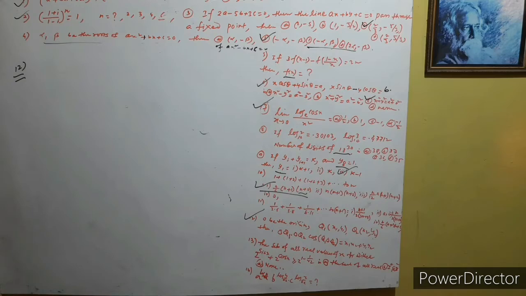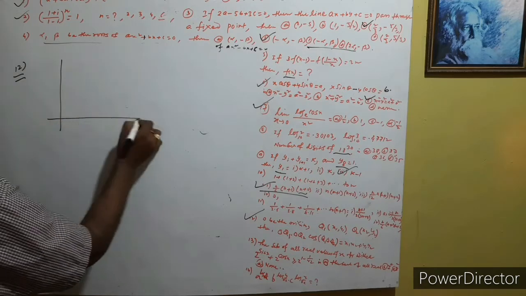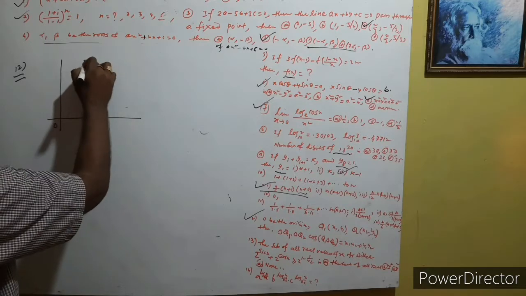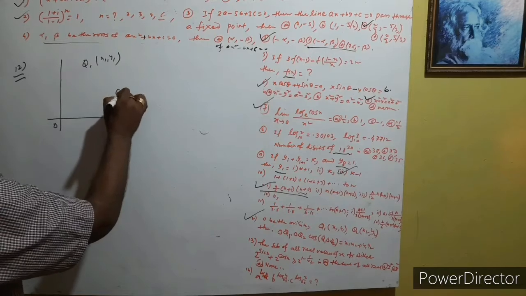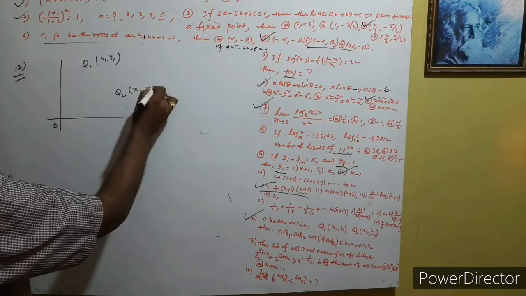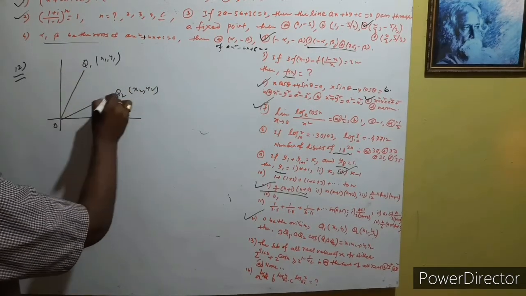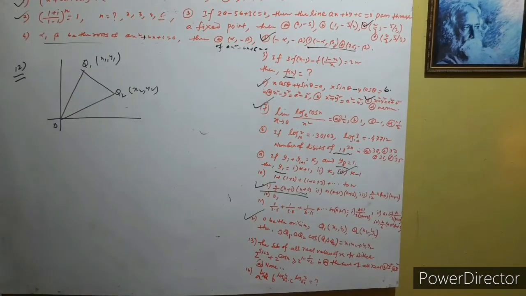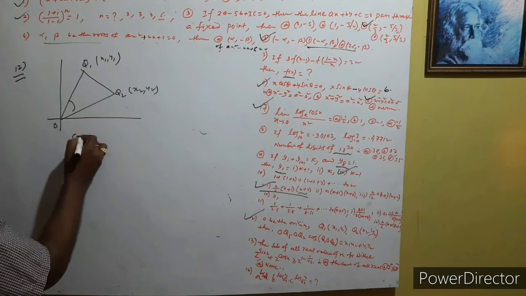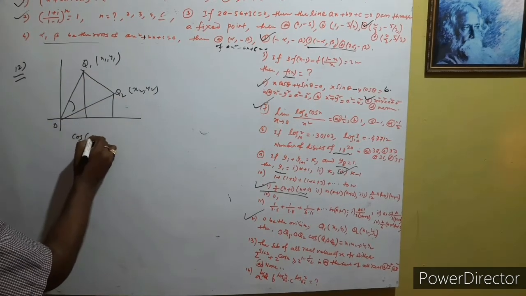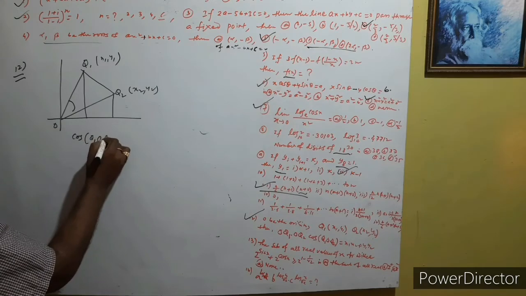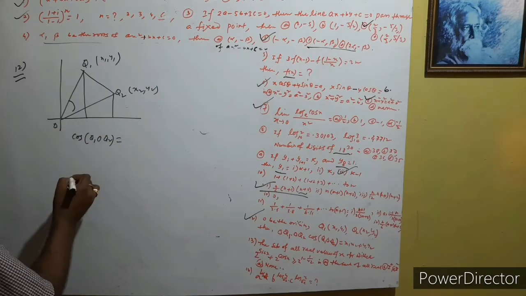Question number 12. Let O be the origin, and Q1 is x1 comma y1 and Q2 is x2 comma y2. Now we have to find cos of Q1 O Q2.